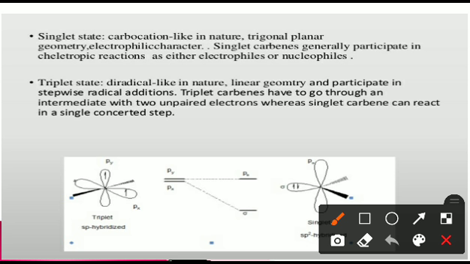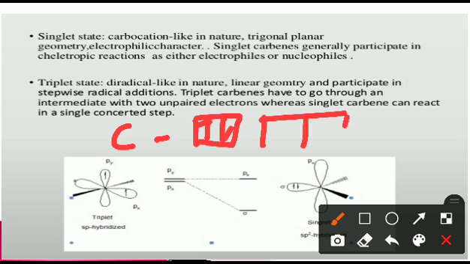How does it form? Here this carbon, whose ground state electronic configuration is like this, 2s2 and 2p2. What happens in case of singlet carbene?